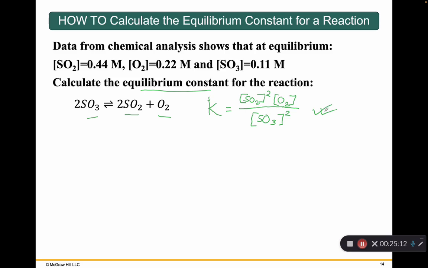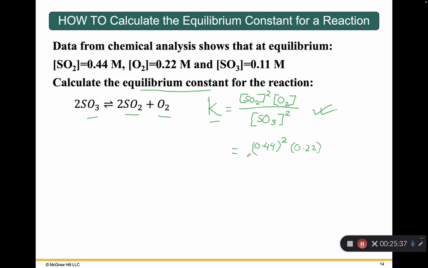This is good. Now I have to plug in those values that are given and solve for the equilibrium constant. So let me go ahead and write that. SO2, I have 0.44 molar. I will square that. And then O2, 0.22 as given by the question.